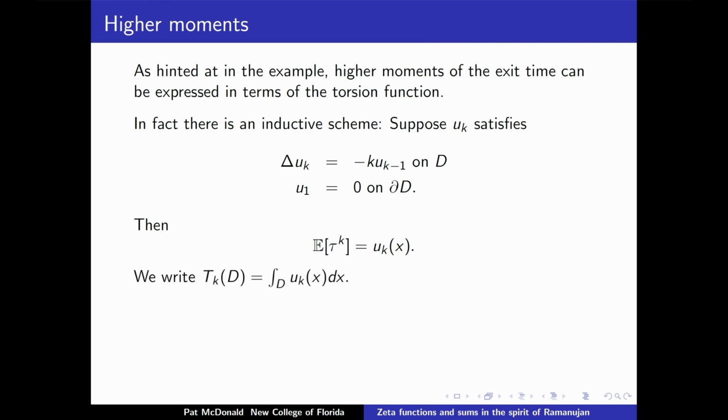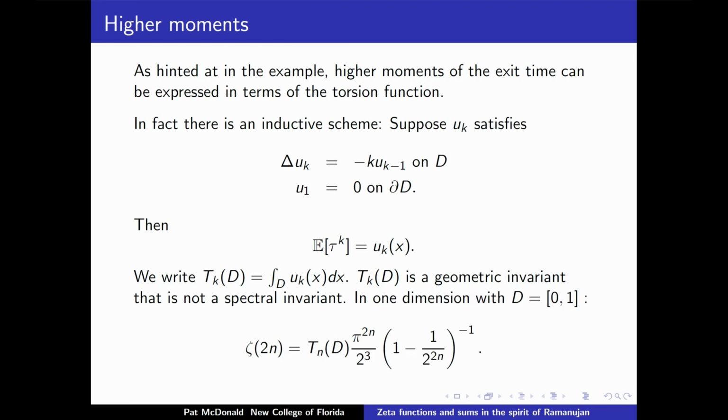Okay? And if I write down TkD as just the integral of that thing, it turns out that what I've done is constructed a bunch of geometric invariants, right? All of these things are invariant under the action of the underlying isometry in the space. Okay? So they encode the geometry of the underlying domain.